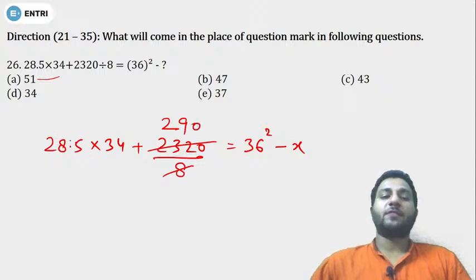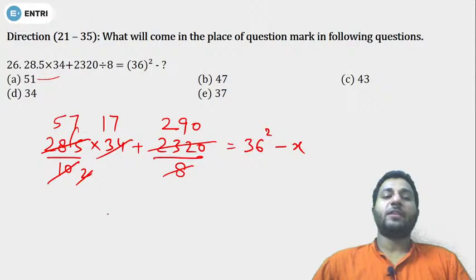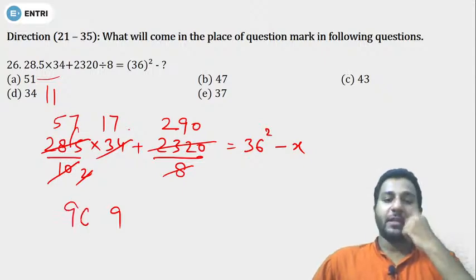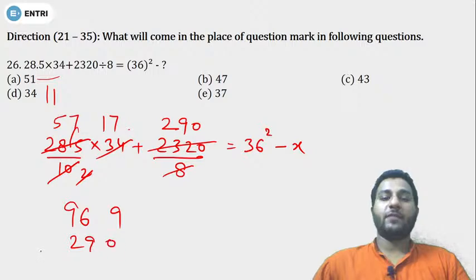Now let's, if you multiply it with 10, you don't need to multiply it. 5 5s are 25, 5 7s are 35, 2 17. So 17 7s are 119, 17 5s are 85. Okay, 85 and 96 and 290. If you add it, what, 9 5 and 12.